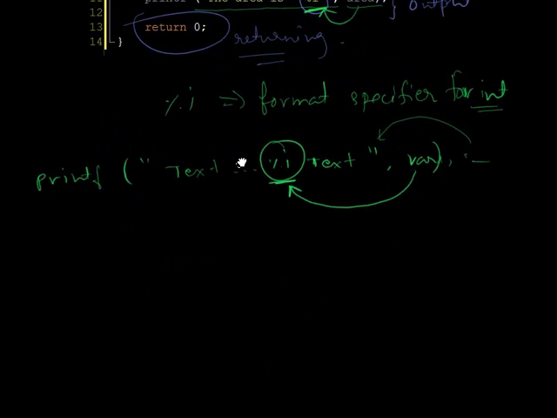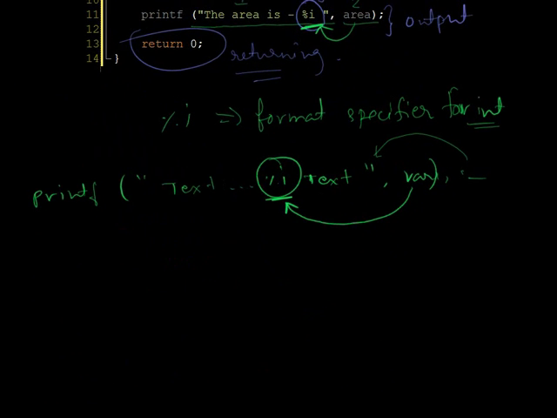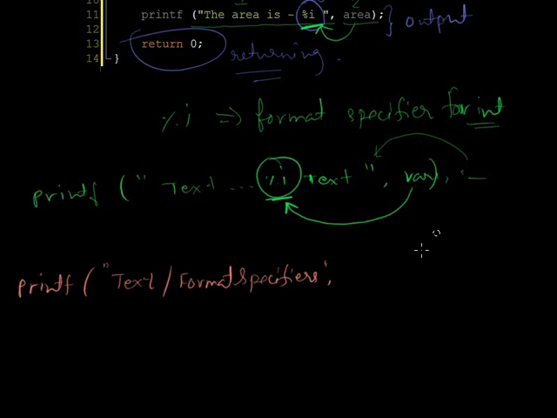Now printf has a specified format. Let me write it so that you understand it more properly. Printf, now we have here text combined with format specifiers. And after this first argument, which is in double quotes because it's a string, a multi-character constant, we have to specify a list of variables.